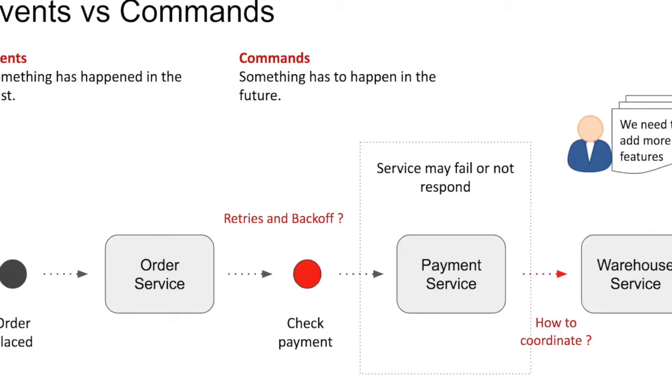The integration between the API gateway and the Lambda can be synchronous or asynchronous as well, but let's assume it is synchronous. In that case, I'm sending a command to API gateway that I want this to happen. Either I want to get something, or I want to update something, and I want the response back. An event is something that has happened, and we are consuming the event for the post-processing.